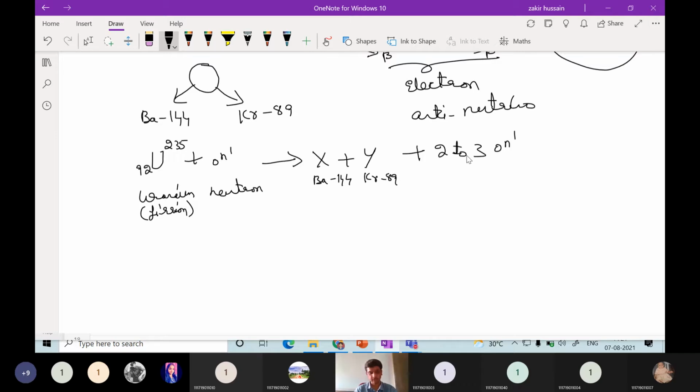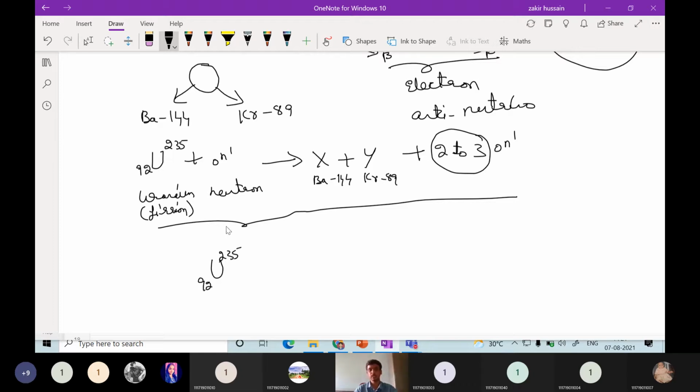These 2 to 3 neutrons will once again be utilized in the same reaction. First we initiate by supplying one neutron. Next, it takes the neutron generated in the first cycle, and the same cycle continues once again.